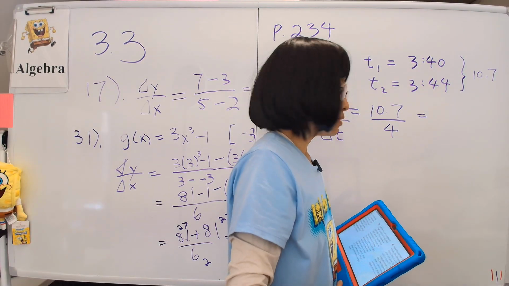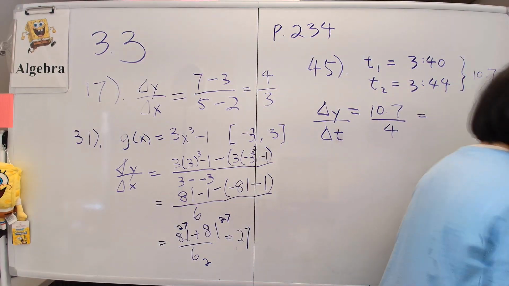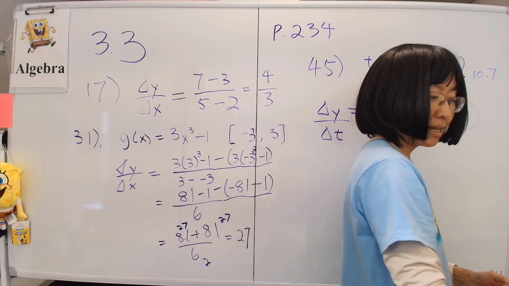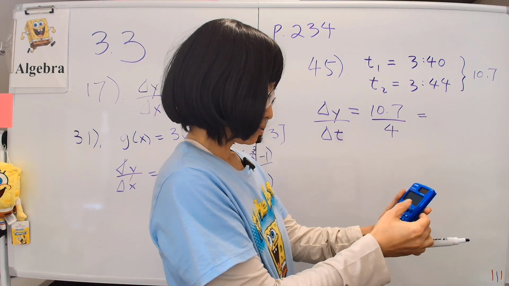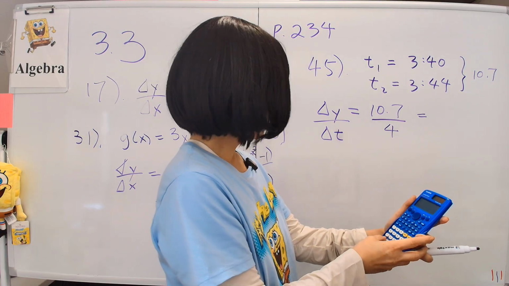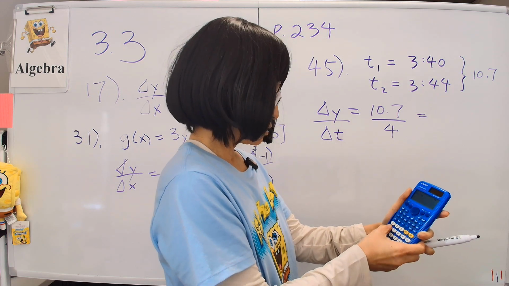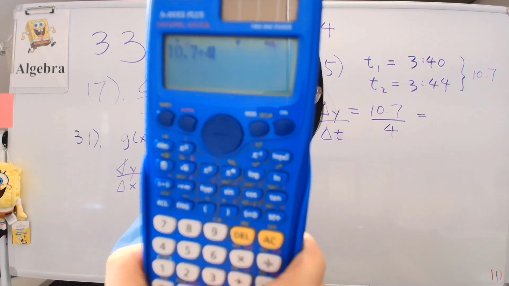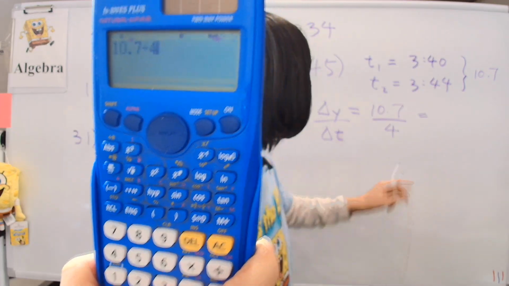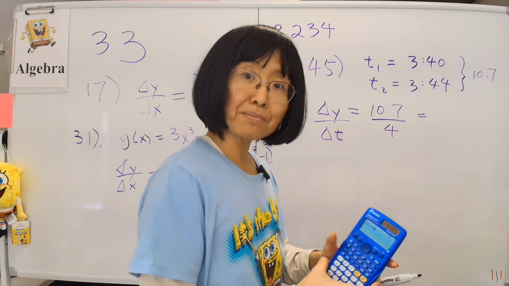So let's calculate 10.7 divided by 4 with a calculator. This is an easy one. You just punch it in. All I typed in is 10.7 divided by 4. And remember, the fraction line is the same as the division line.